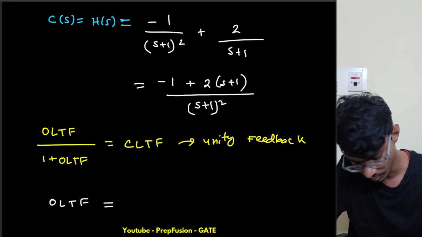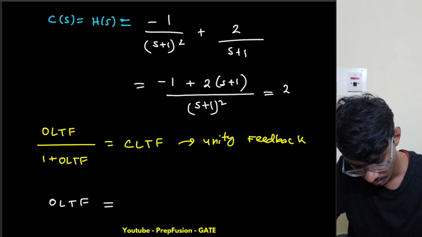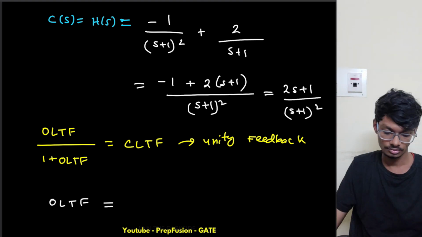This will be (s plus 1) whole square. Okay, so this will become 2s plus 1 divided by (s plus 1) whole square, right? So this is this one.